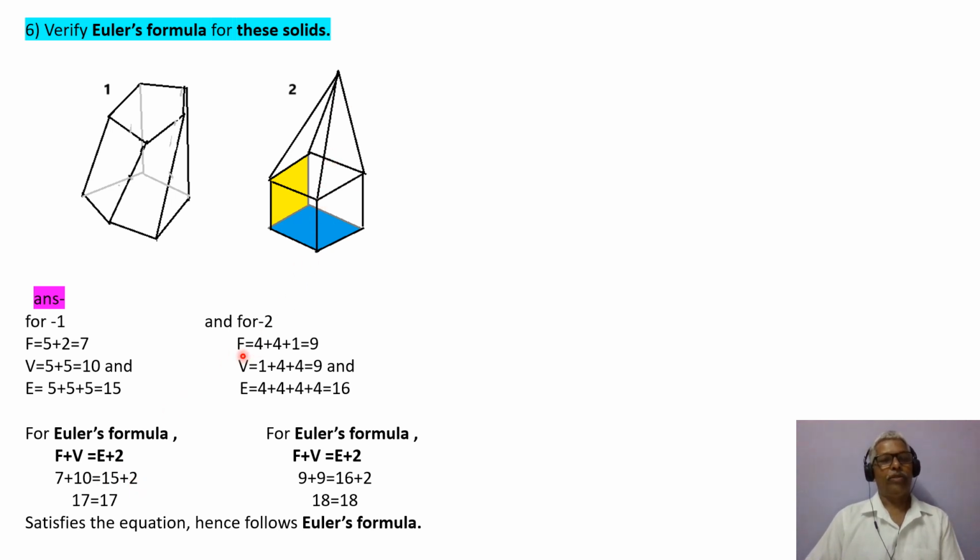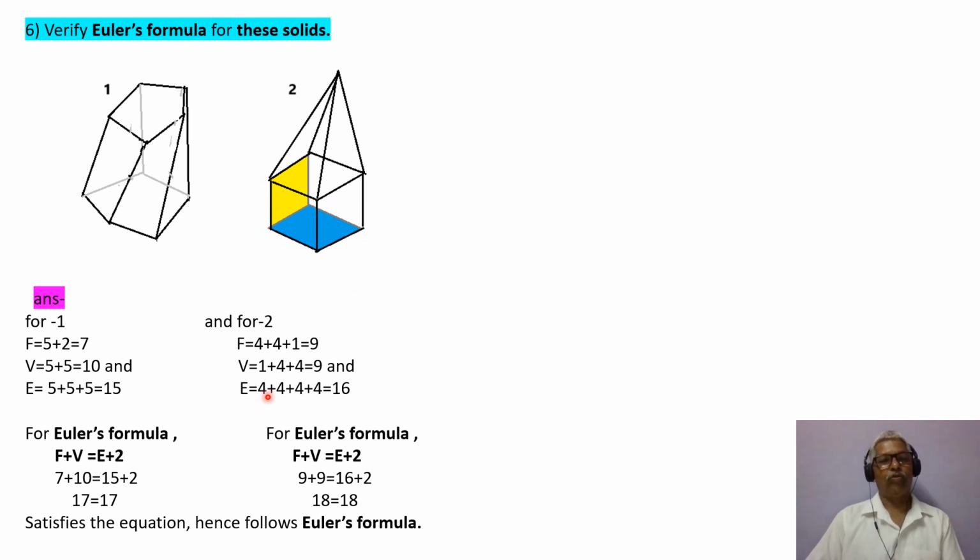Okay, now F, number of faces, are 4 plus 4 plus 1, 4 at top, 4 sides, and 1 bottom. So 4 plus 4 plus 1 is 9. Now vertices, 1 plus 4 plus 4 is 9. And now edges, very simple, 4 on the top, 4 on the bottom, and 4 sides.